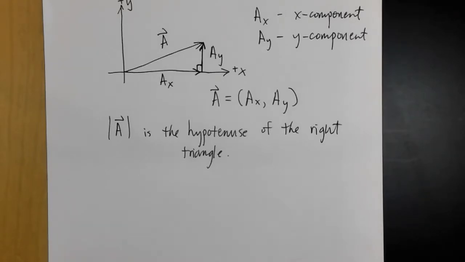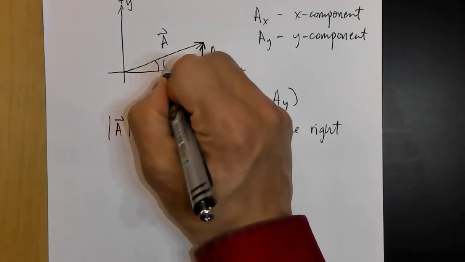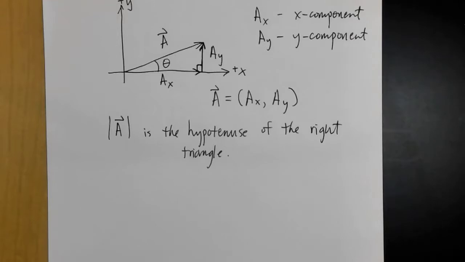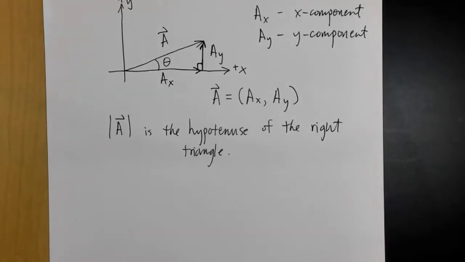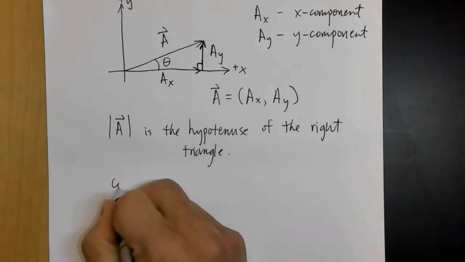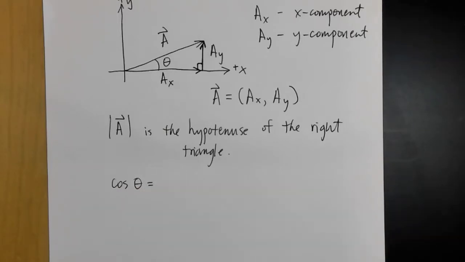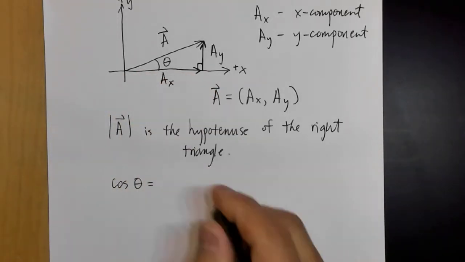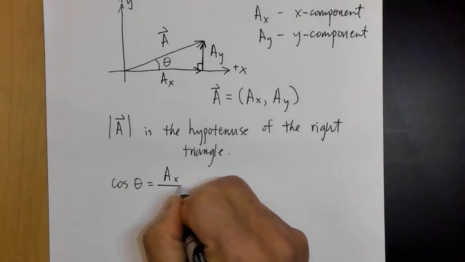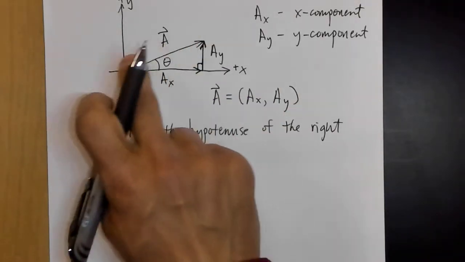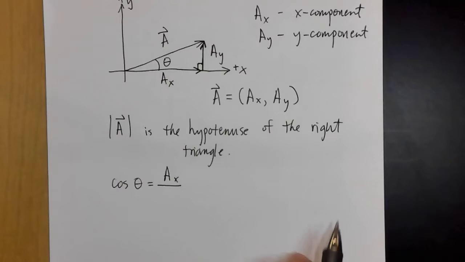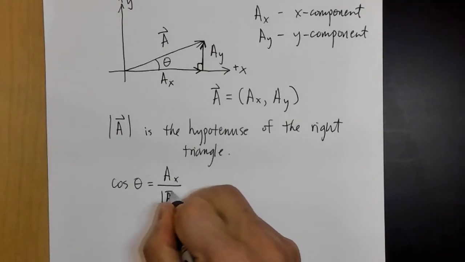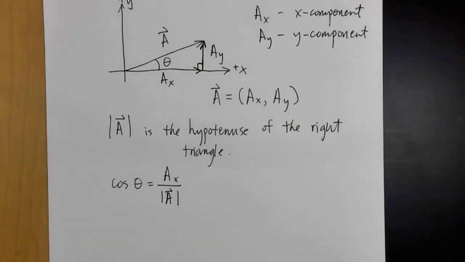All right, now let's remember our trigonometry. Let's call this angle theta. Then if I'm going to do the cosine of theta, cosine of theta is the one with the adjacent side, so that's adjacent side is AX. So it's going to be AX divided by, and I said the length of this leg here will be magnitude of A. Okay?